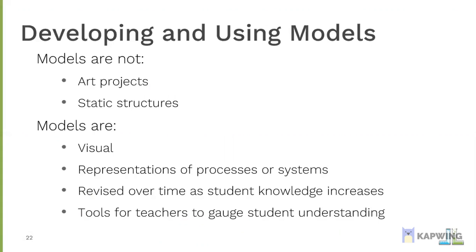Is that representing a process? Yes. Is it revised over time as student knowledge increases? It can be. You can revise how quickly they put the lid on, but that's just getting the process right.